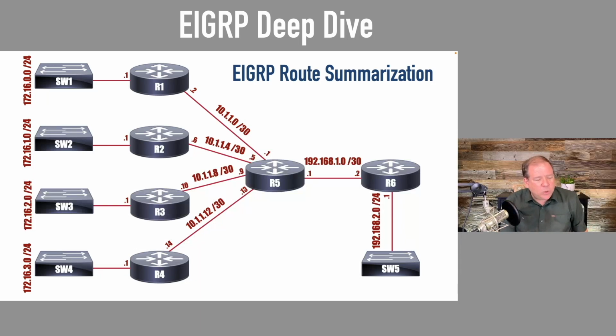Let's take a look at 172.16.3.0 and the other networks, all /24. They all have a lot of bits in common. We can see exactly how many here in a few moments. 10.1.1.0, 10.1.1.4, 10.1.1.8, 10.1.1.12. They've got a lot of bits in common.